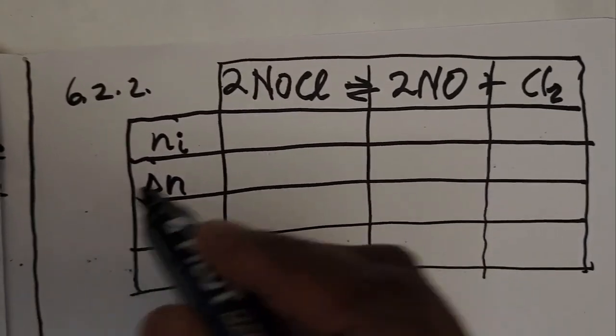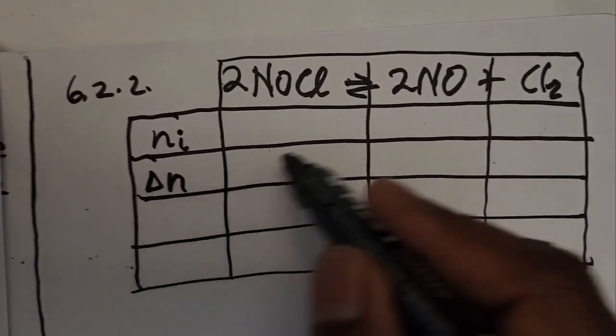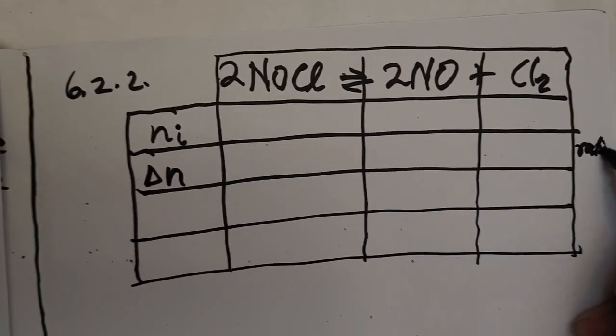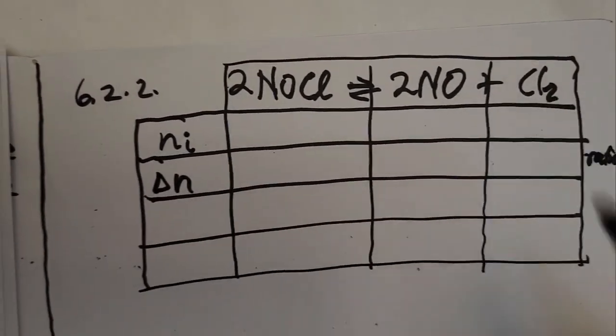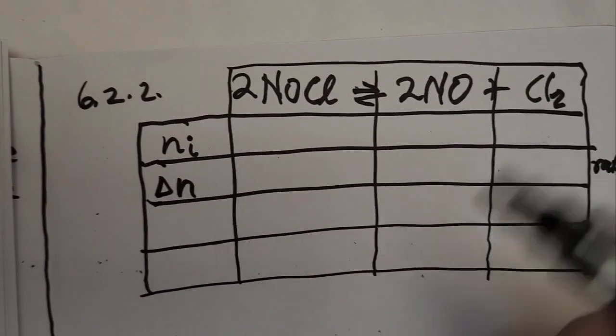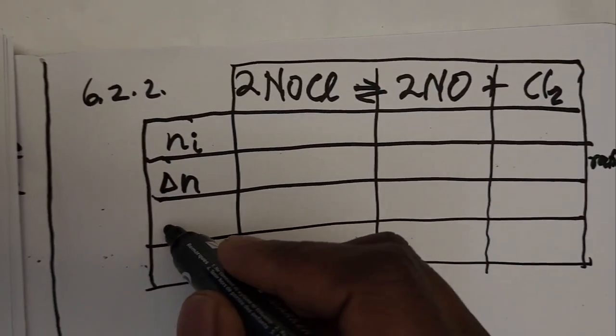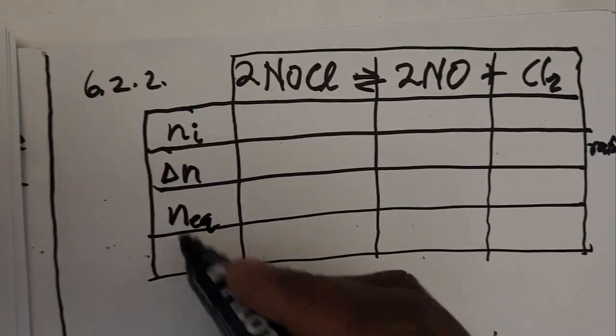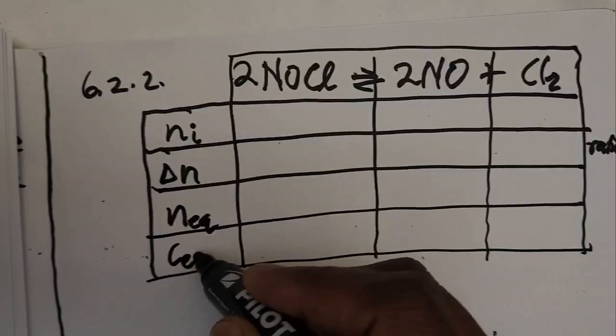This one, remember, it's about the reactants and products, and it will also use, very important, the ratio, that is 2:2:1 in this case. In some cases you just write used or produced, that is fine. Then the number of moles at equilibrium, or the moles at the end, and then the concentration at equilibrium.